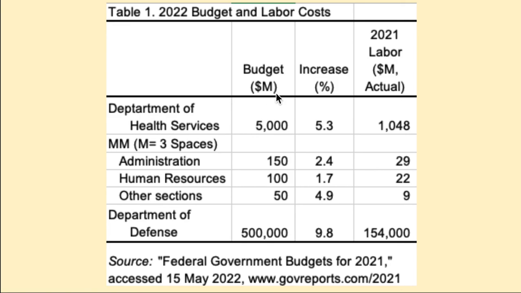So here you'd have millions of dollars. And then you'd have increase in percentage, 2021 labor, $1 million actual. I actually expanded that one, so it's almost like a double thing. It's millions of dollars and it's actual. So that's how you handle abbreviations or units of measure or important clarifying words in a title.